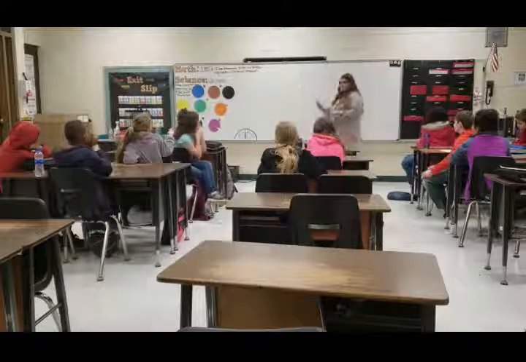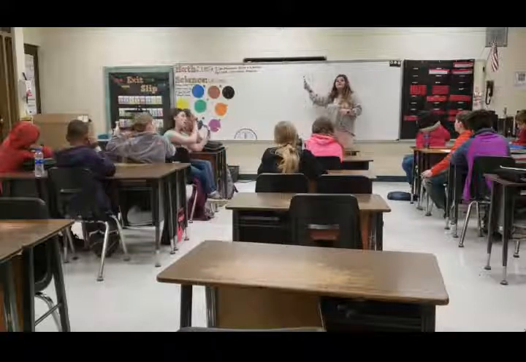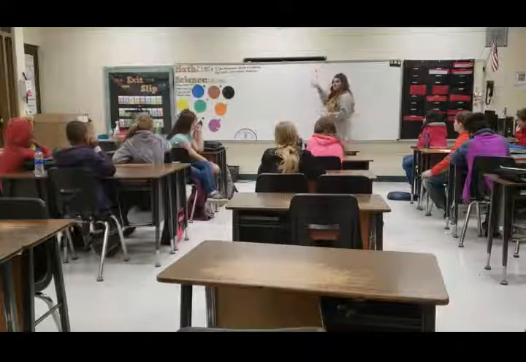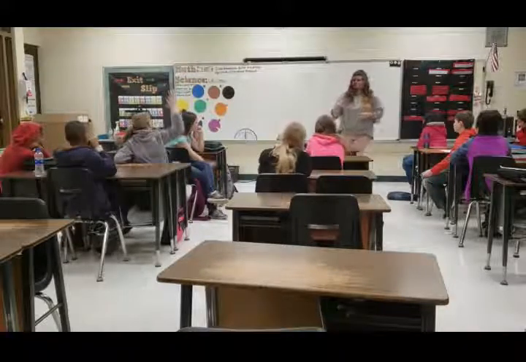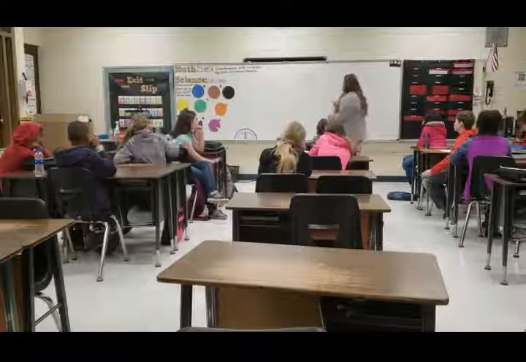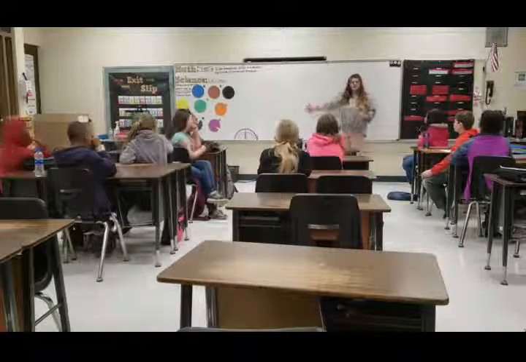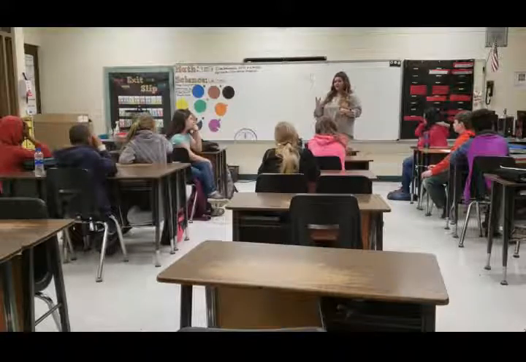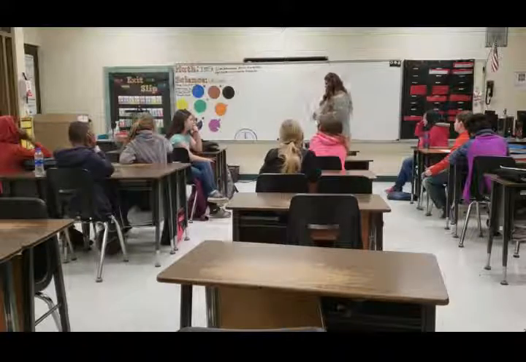That is the dividend. Somebody tell me what this is. The divisor. Once we get our answer of a division problem, it is called the what? The quotient. If we have any left over, that is our remainder. So we have a divisor, a dividend, a remainder, and a quotient, right?